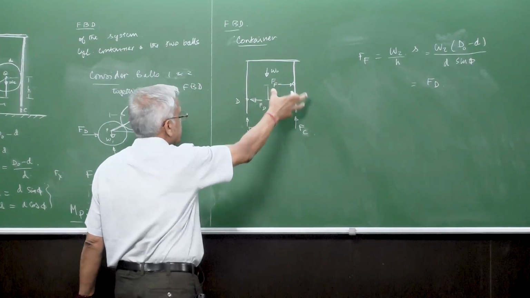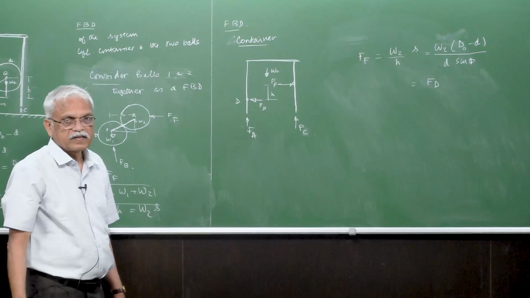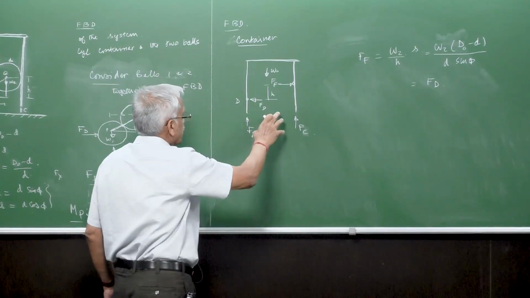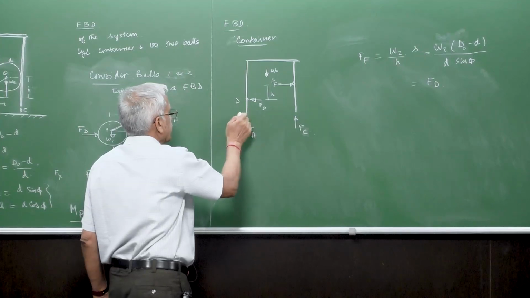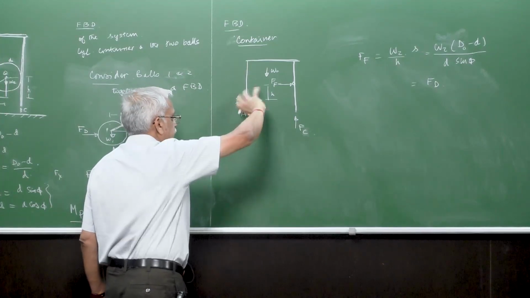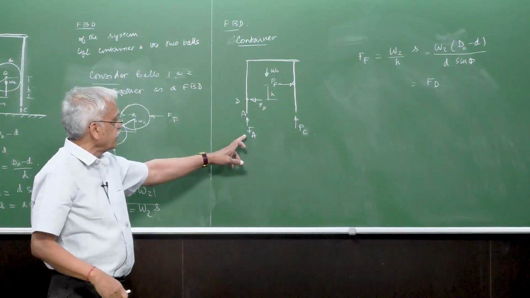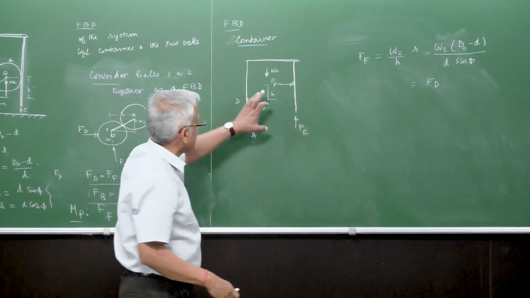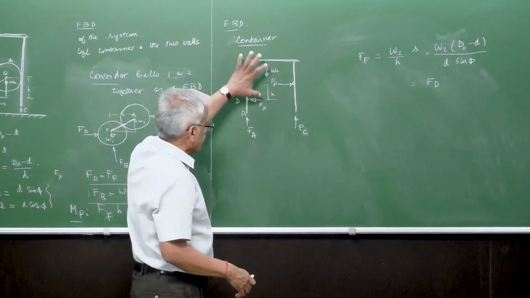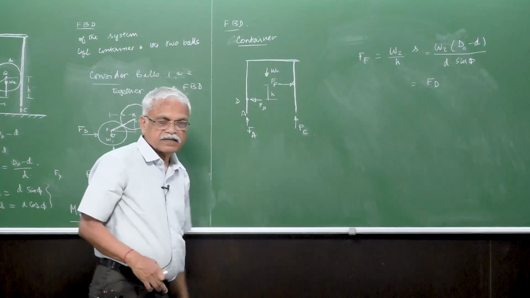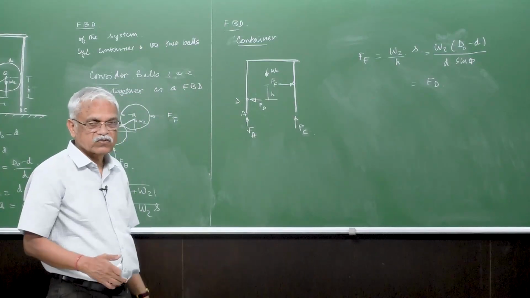Because of this, there is a tendency to tip. So this point A has a tendency to lift off. That means this FA, which originally is pushing it down, may lose contact.